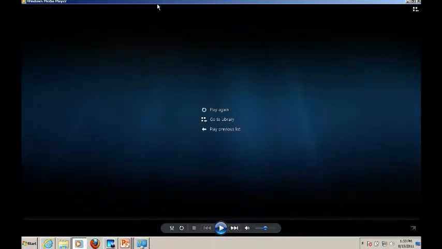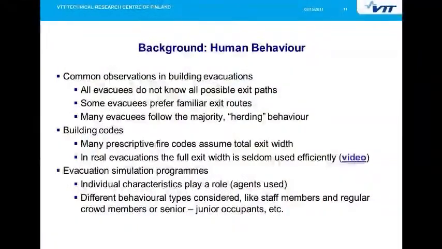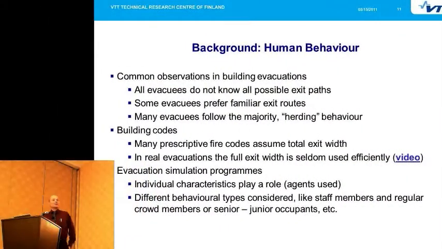Outside, they were not in a hurry. And you could see that in quite many cases, they just use one half of the door, one leaf, because it's already open, it's easy to follow. And all these kinds of things you can see in real evacuation. So the door usage is not going to be, in a real case, always optimal.